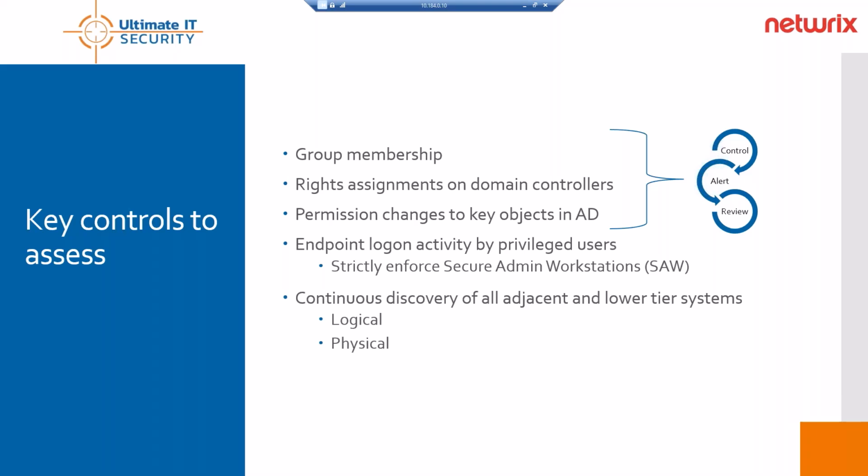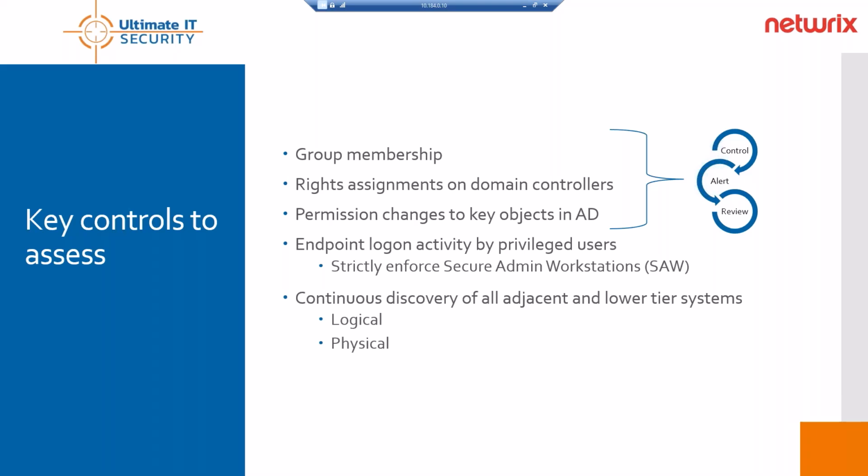There's three things that we need to do with those. We need to control it, we need to alert on changes, and we need to periodically review those three things. We really need visibility and reporting and hopefully change tracking on those things, because otherwise there's a lot of manual work involved. We also need to implement secure administrative workstations, or SAWs.